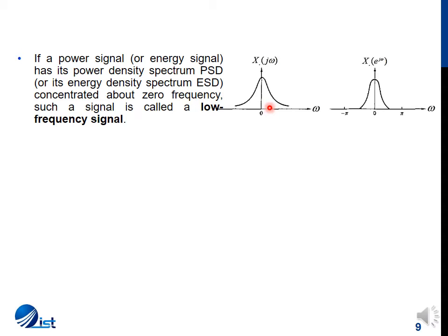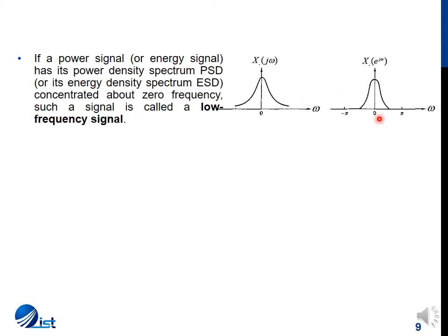We can see that this time domain signal for this X(jω) must be an aperiodic signal because the spectrum is continuous. So this is the ESD, and now this ESD is such that its concentration is more towards zero frequencies, and as frequencies increase, its value will decrease. So such a signal is called a low frequency signal.